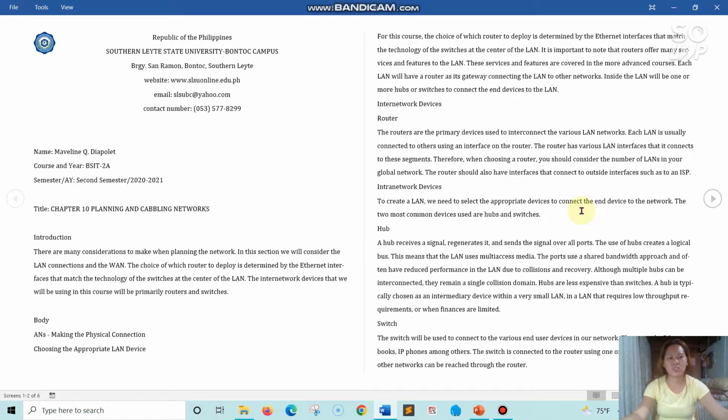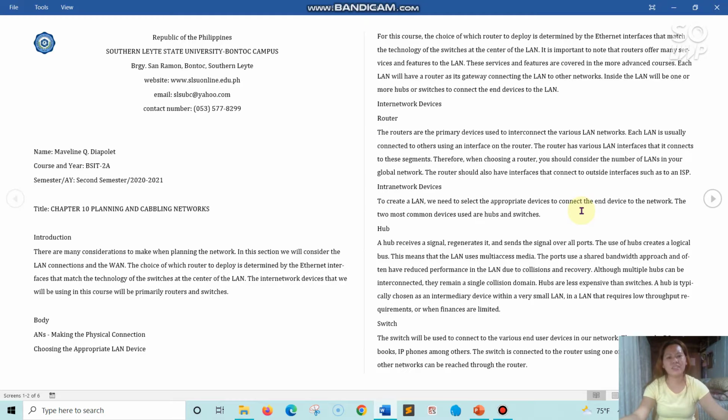Each LAN is usually connected to others using an interface on the router. So the router has various LAN interfaces connected to these segments. Therefore, when choosing a router, you should consider the number of LANs in your network. The router should also have interfaces that connect to outside networks such as an ISP.